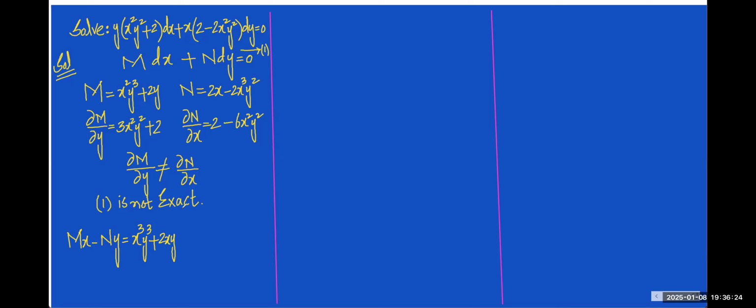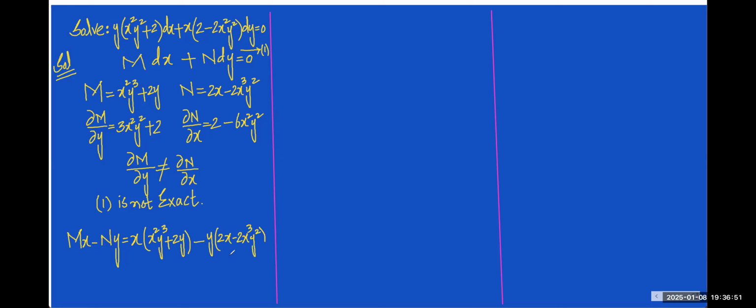Okay, let me do it in detail. x should be multiplying with m. Our m value is x square y cube plus 2y, minus y should be multiplying with the n term, that is 2x minus 2x cube y square.